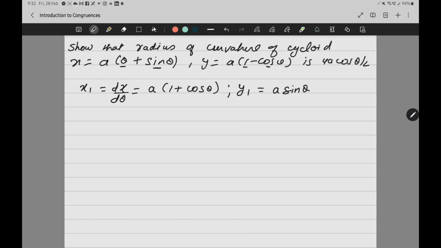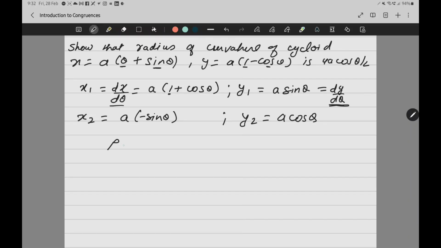So I will get this. This is basically dy by d theta. Okay, if you don't write this, it is perfectly okay. You can directly write x1 and y1 also. This is for your understanding. Now what is x2? x2 is differentiated again. Now a is a constant, differentiation of 1 is 0, and cos theta gives minus sin theta. Now y2 will be equal to, a sin theta becomes a cos theta.